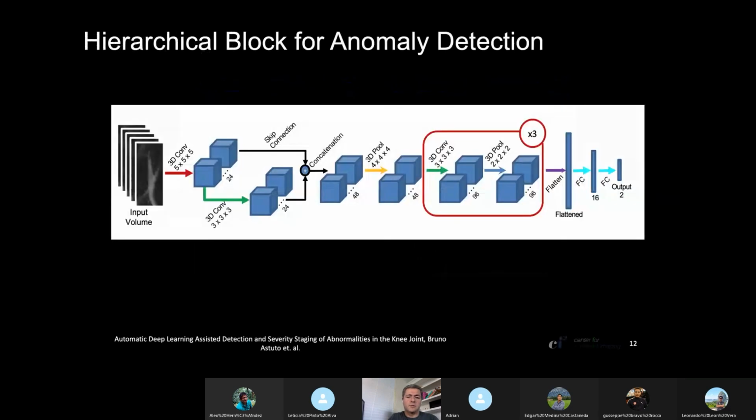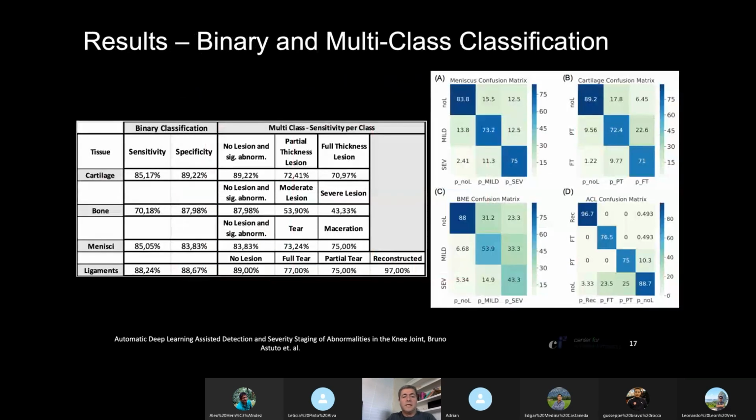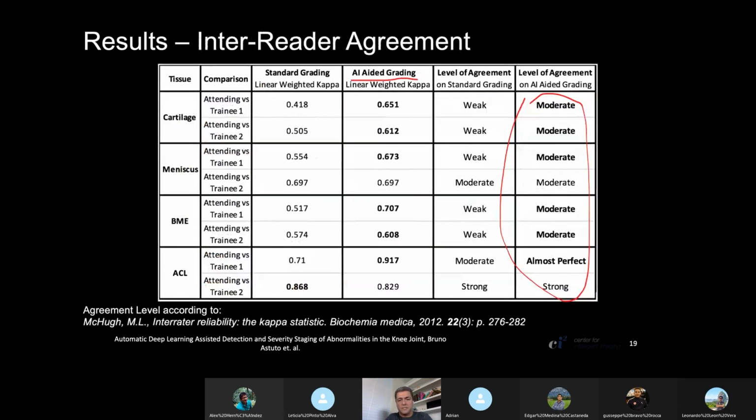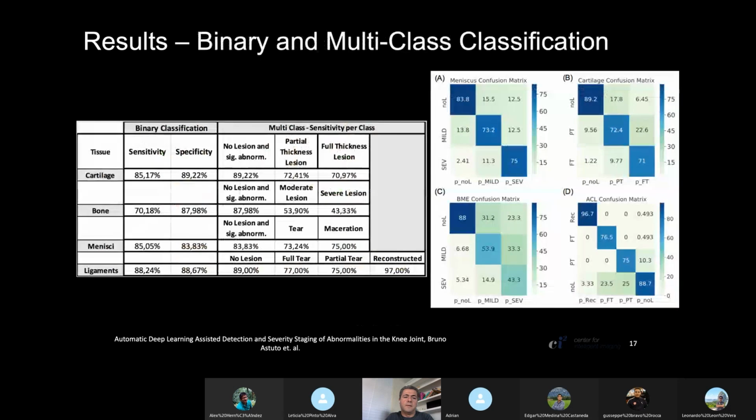For the anomaly detection model, these numbers are not that good. I don't have the numbers here to show you, but sensitivity and specificity for the external data set are not as good as what I show here. It's comparable to the interpersonal variability that we see in this table.